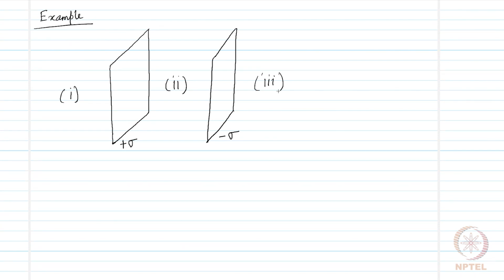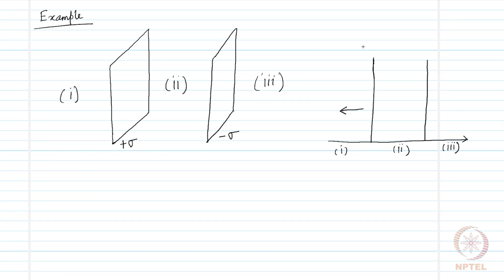Let us consider, if they are separated along the x axis, let us draw the x axis here and lines here for simplicity. This becomes our region 1, this is region 2, and this is region 3. For positive charge on this plane, we will have electric field along this direction.